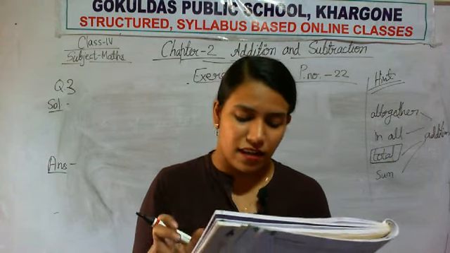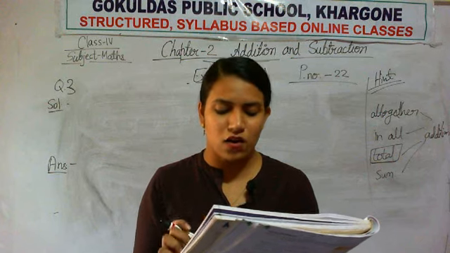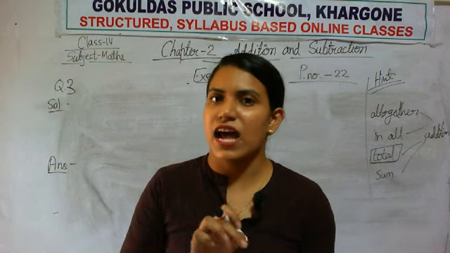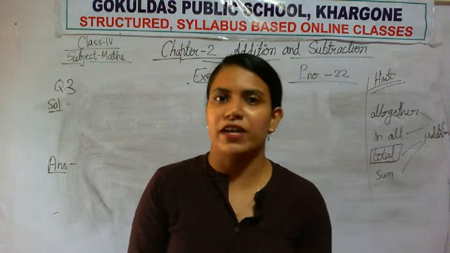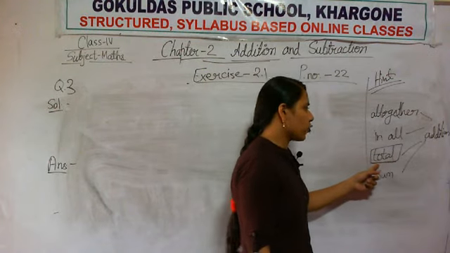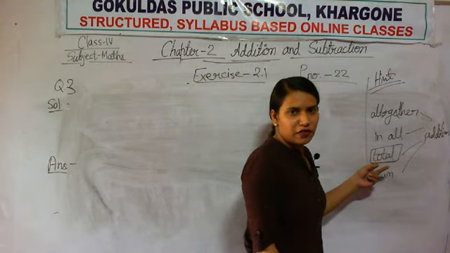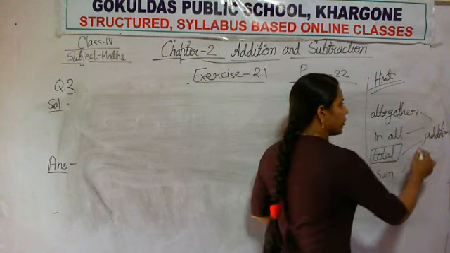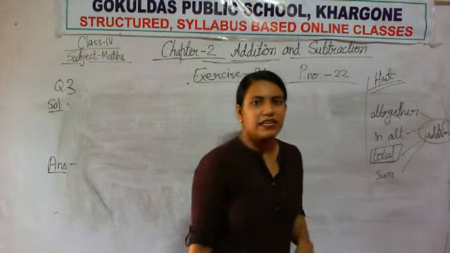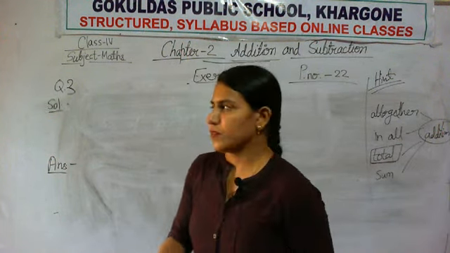Find the total cost of both the items. Again the word total has come here. So according to the hint, if the word total comes in your question, what will you do? You will do addition.